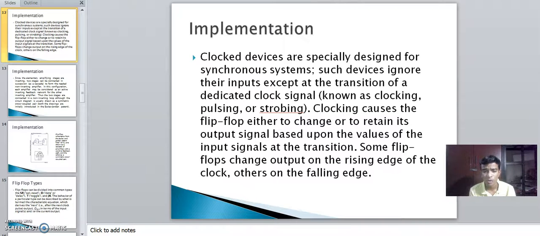Some flip-flops change output on the rising edge of the clock, others on the falling edge. So with some flip-flops, the output remains the same except at the transition of a dedicated clock signal, and this is known as clocking or pulsing. Basically, clocking causes the flip-flop to change or retain its output signal based upon the values of the inputs.